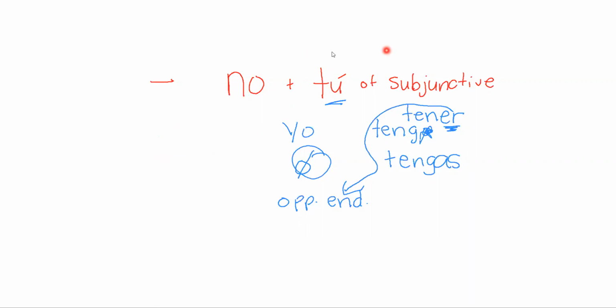Again, I'll just do a couple of examples with you before we move on. I'll try to write these out. Let's go with the basic verb, mirar, to start off.